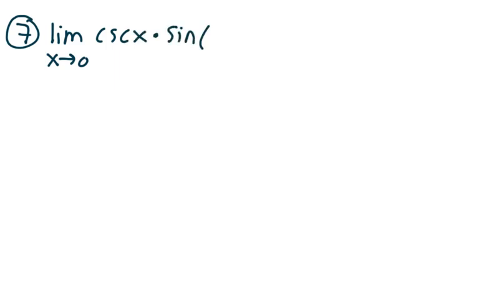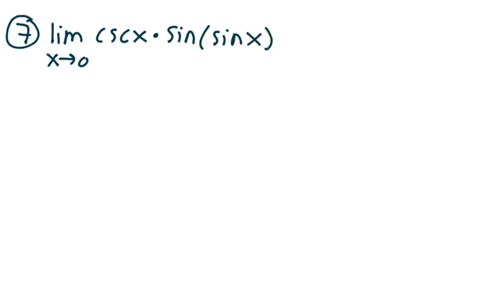Let's do a couple more. So we'll take a look at number 7. Suppose I had the limit as x goes to 0 of cosecant x times sine of the sine of x.